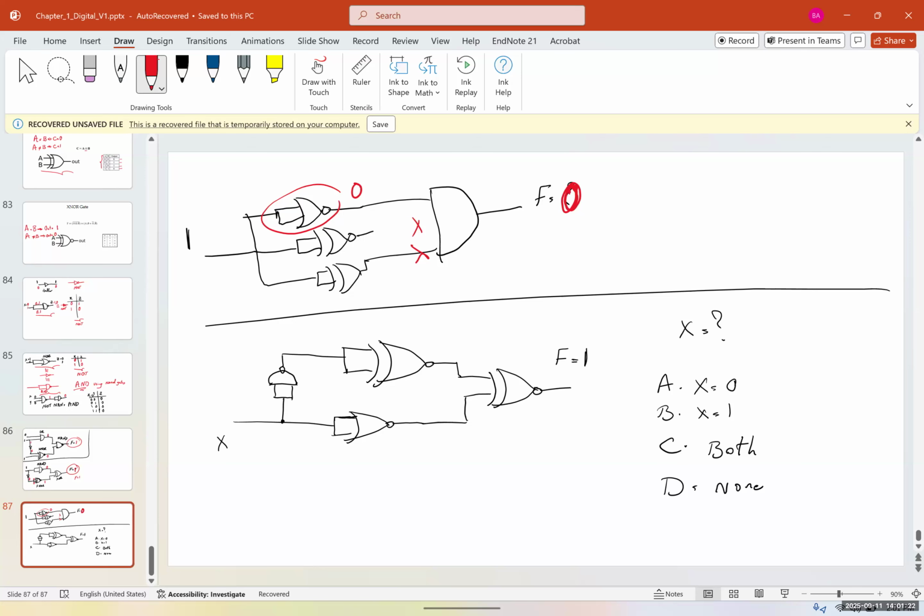Okay. Now the next question: if the output F is equal to 1, what are the possible inputs, X?